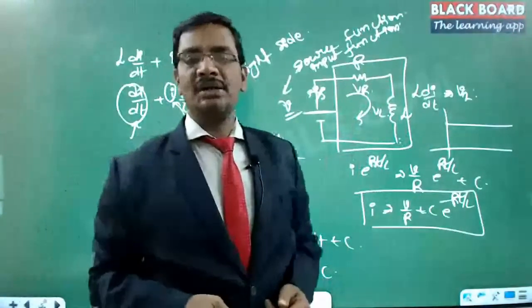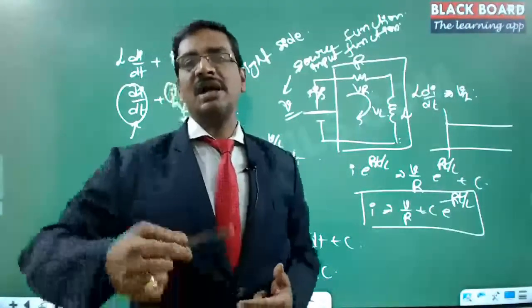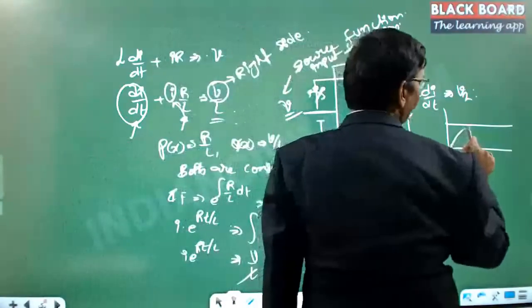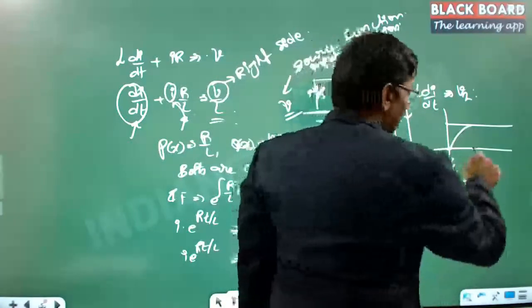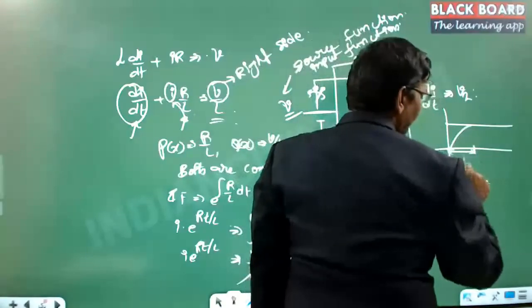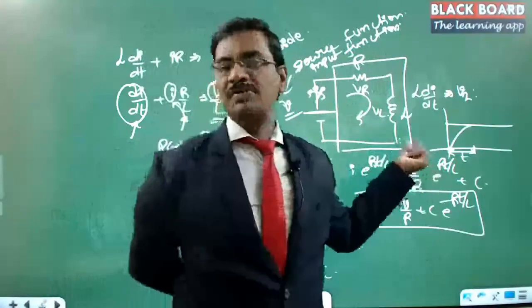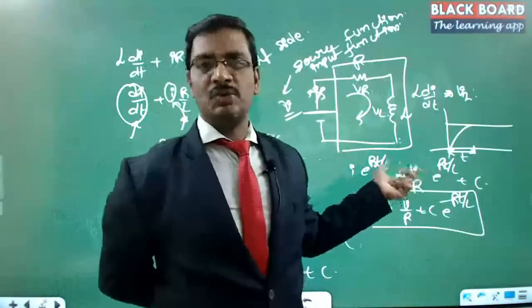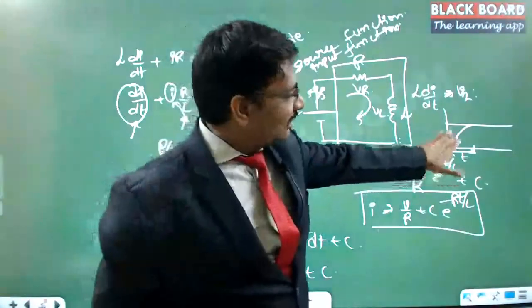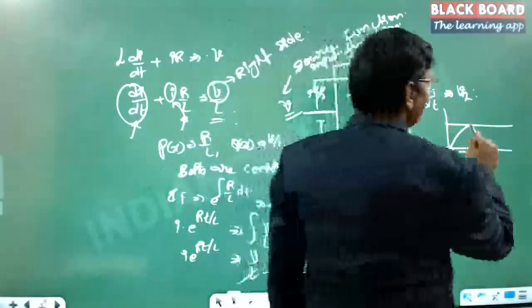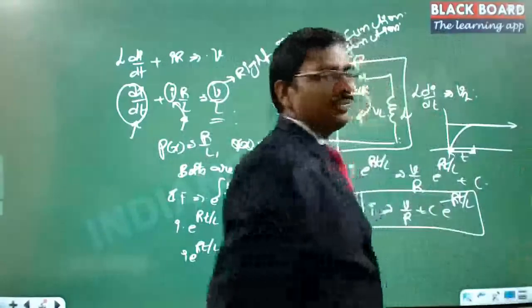But when you start counting, it has to start from 0 and rise to the final value. If it has to rise, it will definitely take a certain amount of time. So this portion of the time is used to raise the current, because a certain minimum amount of time has to be there to reach the final value. It will rise up to this extent for a certain amount of time, and after that it will maintain the same constant value.